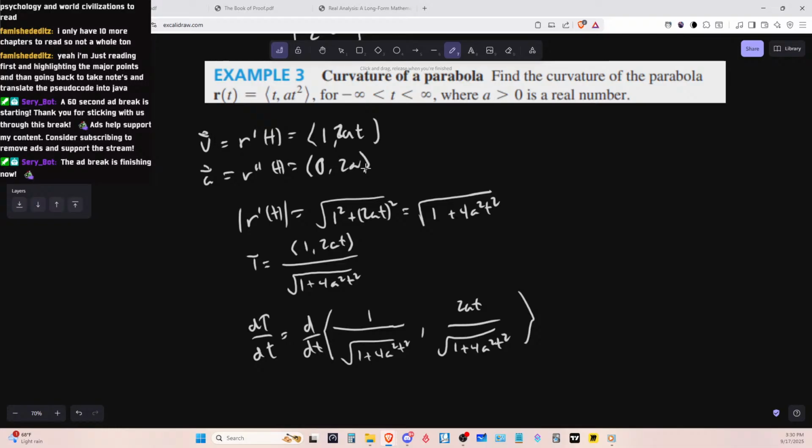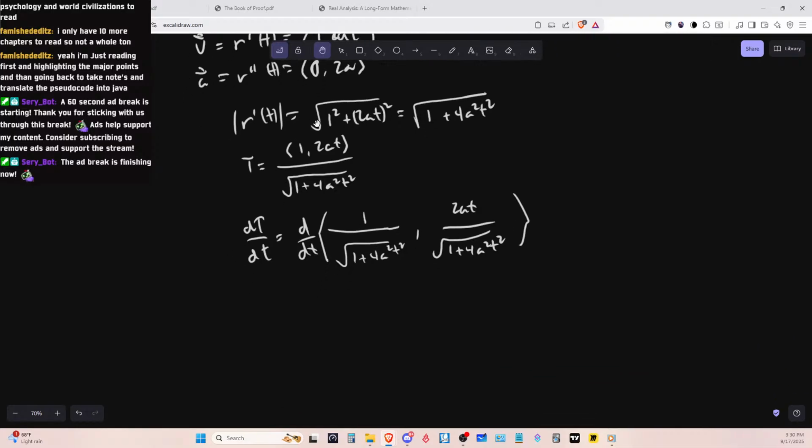So if we did take the cross product, then that would equal 2a.